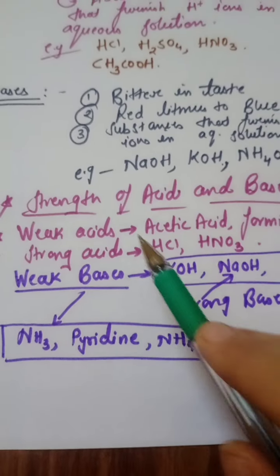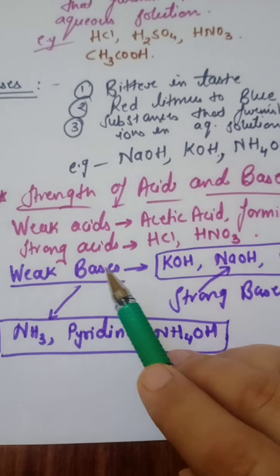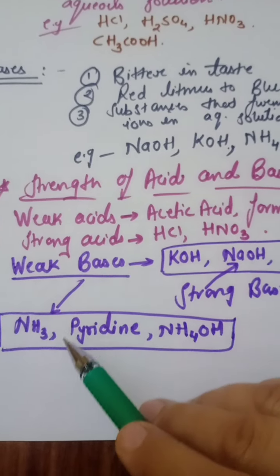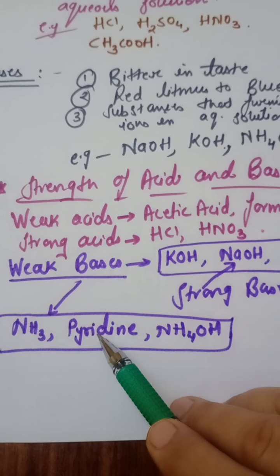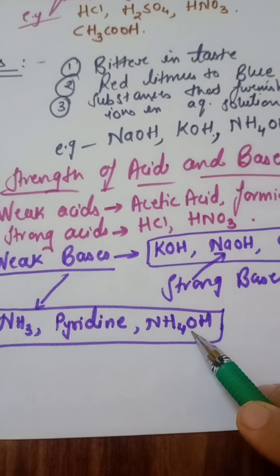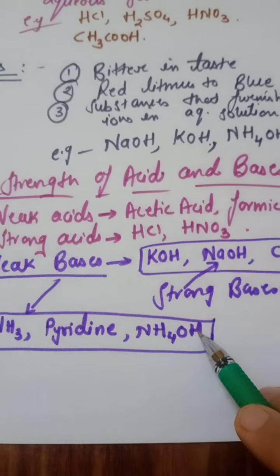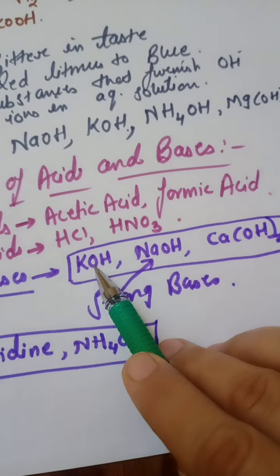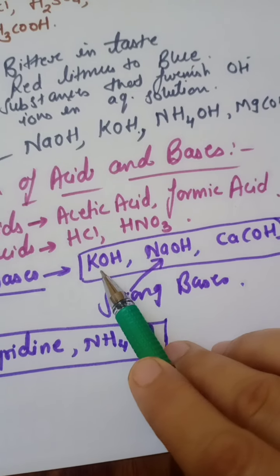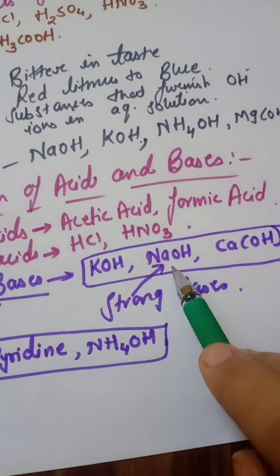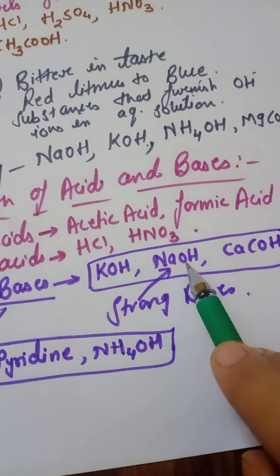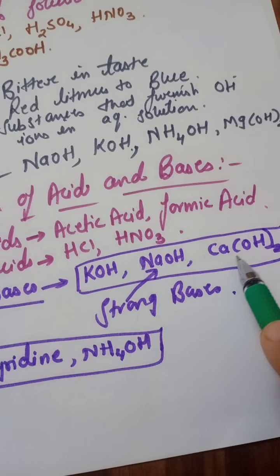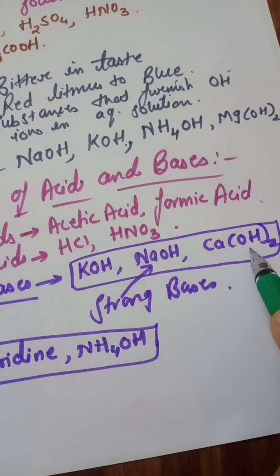Next, examples of weak bases. Weak bases examples are ammonia, pyridine and ammonium hydroxide. The examples of strong bases are potassium hydroxide, that is KOH, sodium hydroxide, that is NaOH, and calcium hydroxide, that is Ca(OH)2.